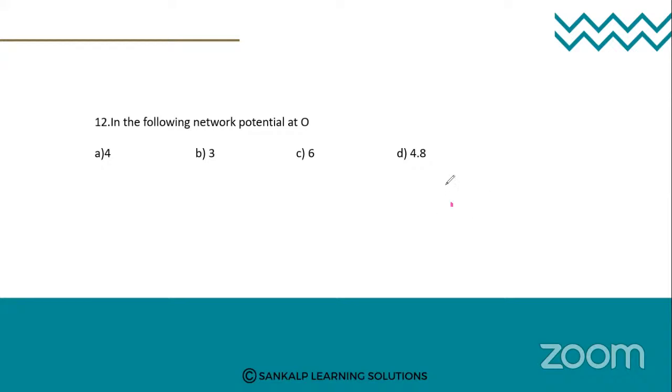So here, this is point A, and here we have point O, and from here we have two branches. You can take the circuit.